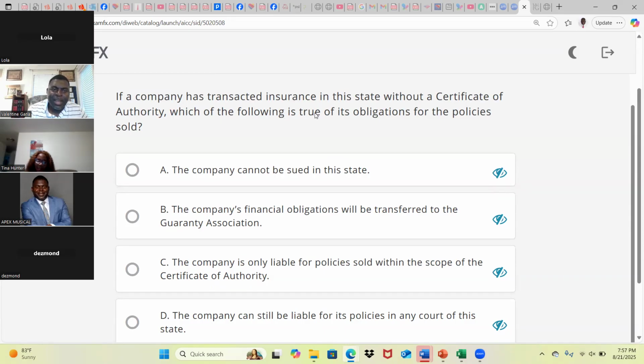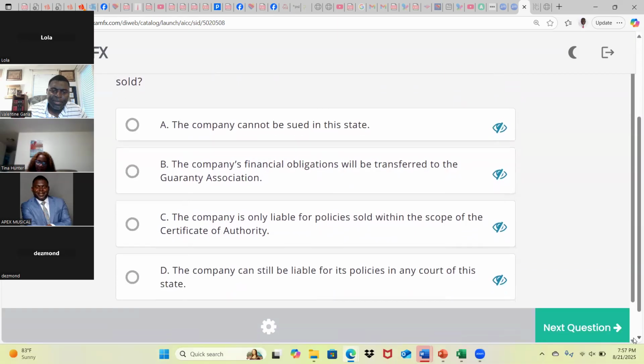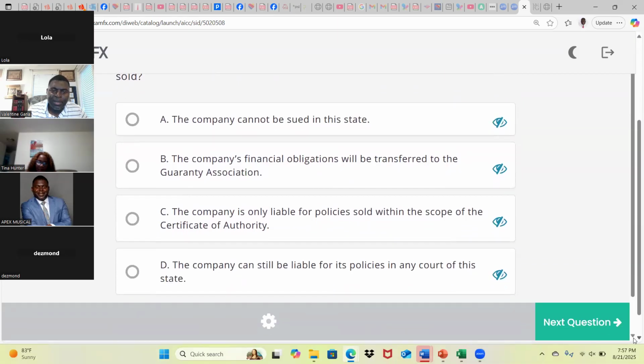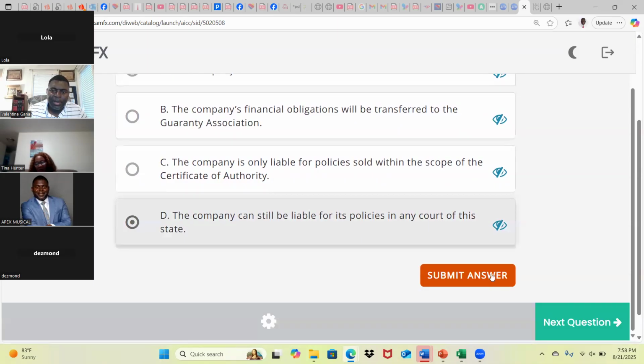The key to understanding and answering this question is this phrase here: true of its obligations. So the answer is D. Obligations is the key. Let's see if we're right.